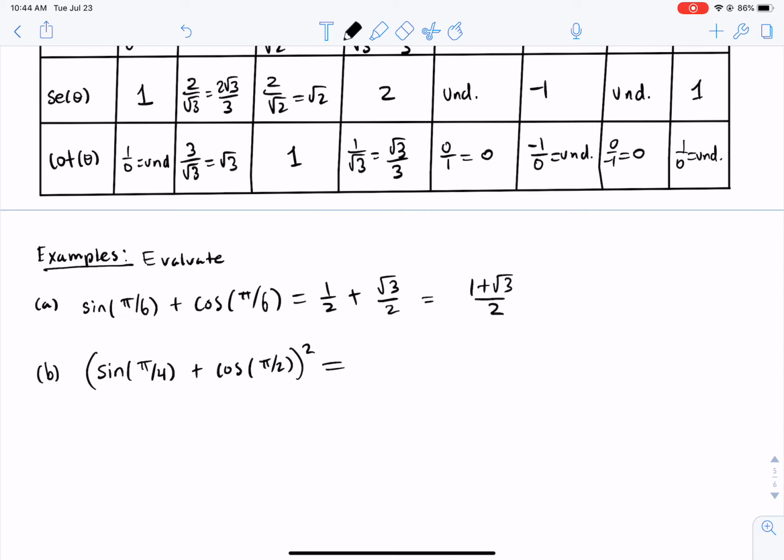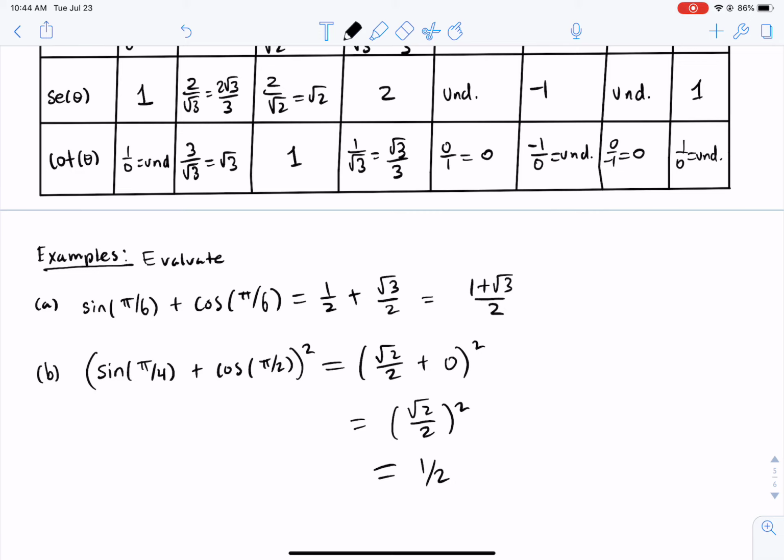Sine of pi over 4 is radical 2 over 2. Again, you can take a look at the table for why. And what is cosine of pi over 2? From the table, it's 0. And then all of these squared. So that's just going to be radical 2 over 2 squared, and that gives you 1/2 when you simplify.